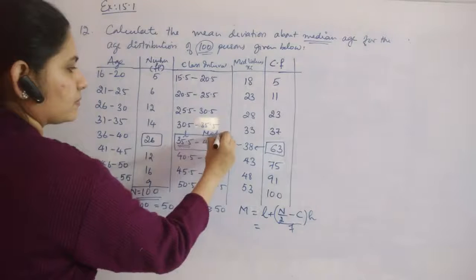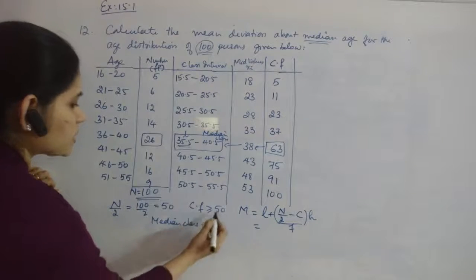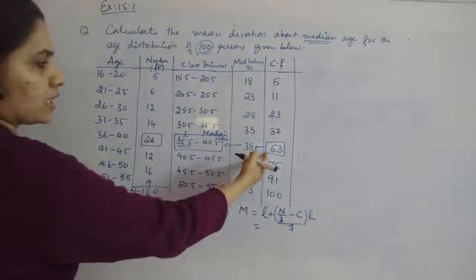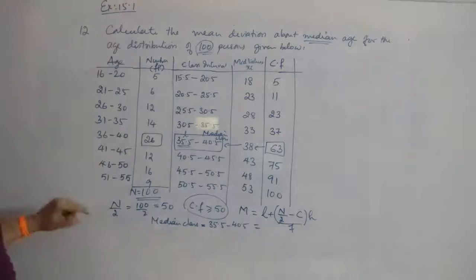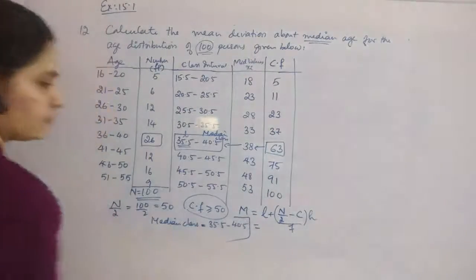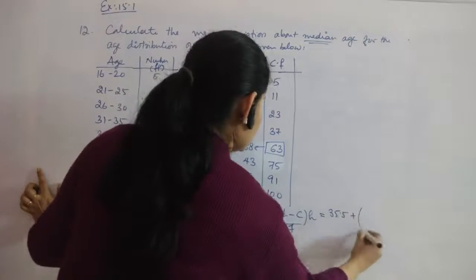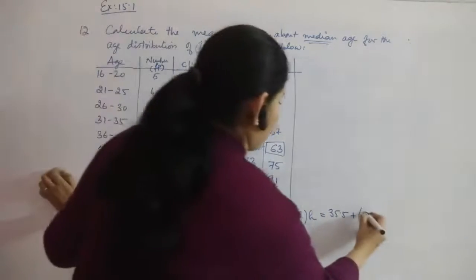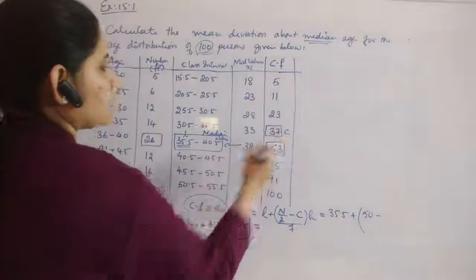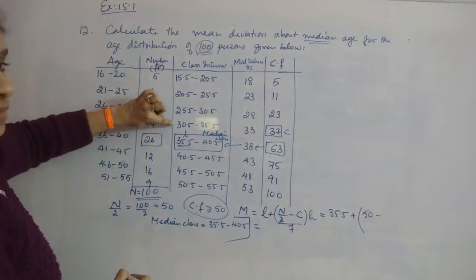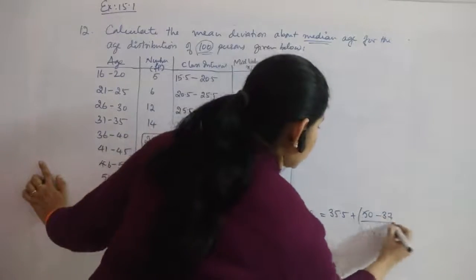The median class is the one whose CF is greater than or equal to 50, so the median class is 35.5 to 40.5, and L is 35.5. So we have 35.5 plus, n by 2 is 50, minus C. C is the cumulative frequency of the class preceding the median class, so C is 37.